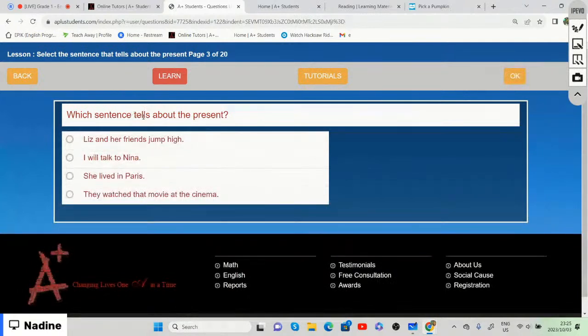So that is the present, something that is happening now. And which sentence tells us about the present? Liz and her friends jump high. I will talk to Nina. She lived in Paris. They watched that movie at the cinema. So we need to choose one of these sentences that tells us about something that is happening now.